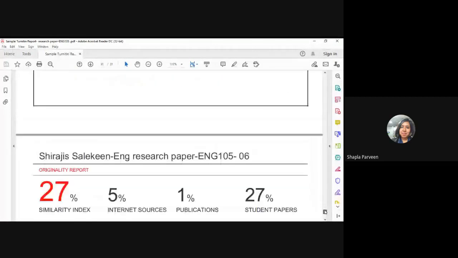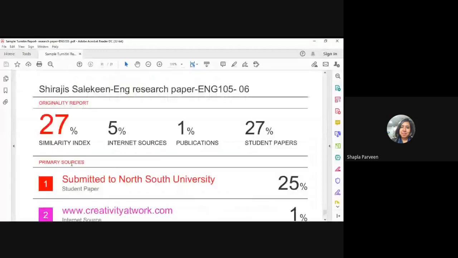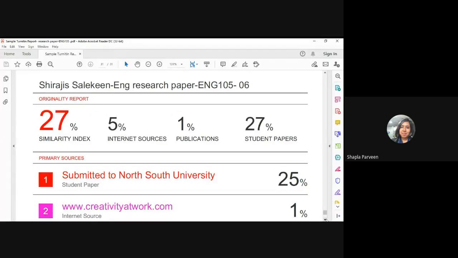For this student, the similarity index is 27%. As I mentioned, we accept up to 25%, and if it's above that, then we start deducting marks. It's shown red because 25 would be okay, but 27 is 2% high.